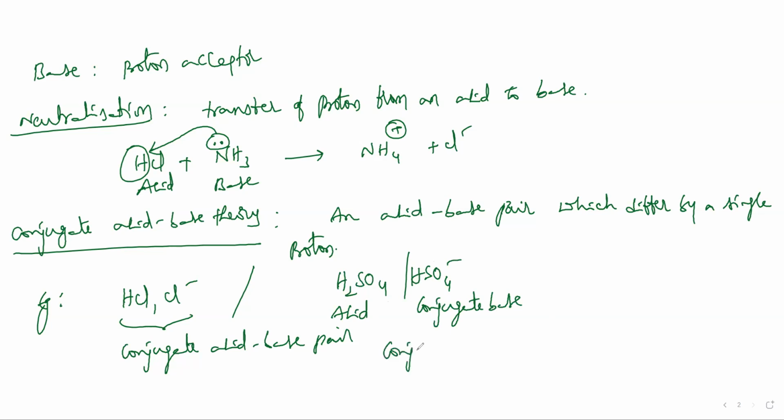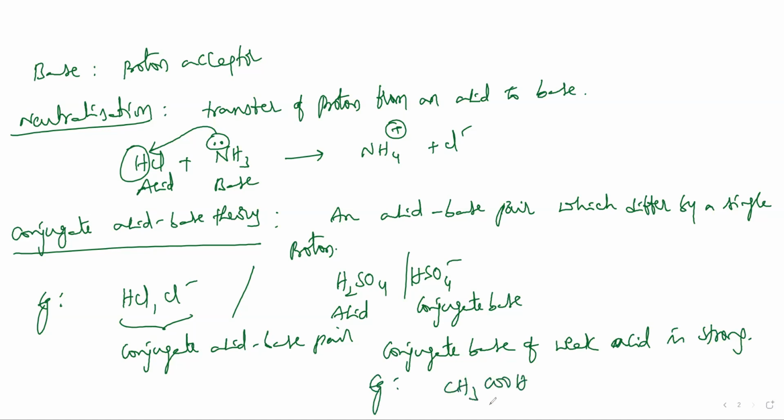Now, conjugate base of weak acid is strong. Means conjugate base formed by weak acid is strong. Example, I'll give you an example. Acetic acid, CH3COOH. This is acid, weak acid. Now it produces CH3COO minus plus H plus.